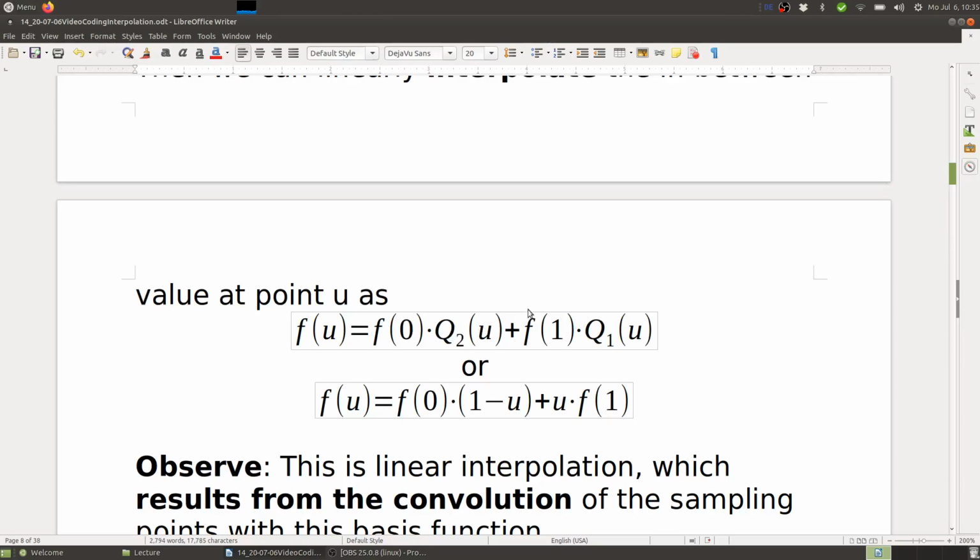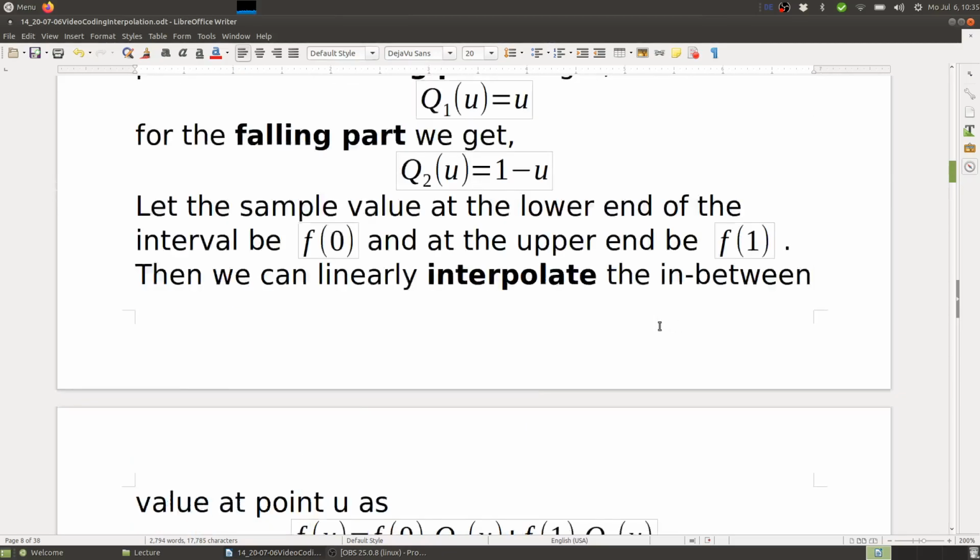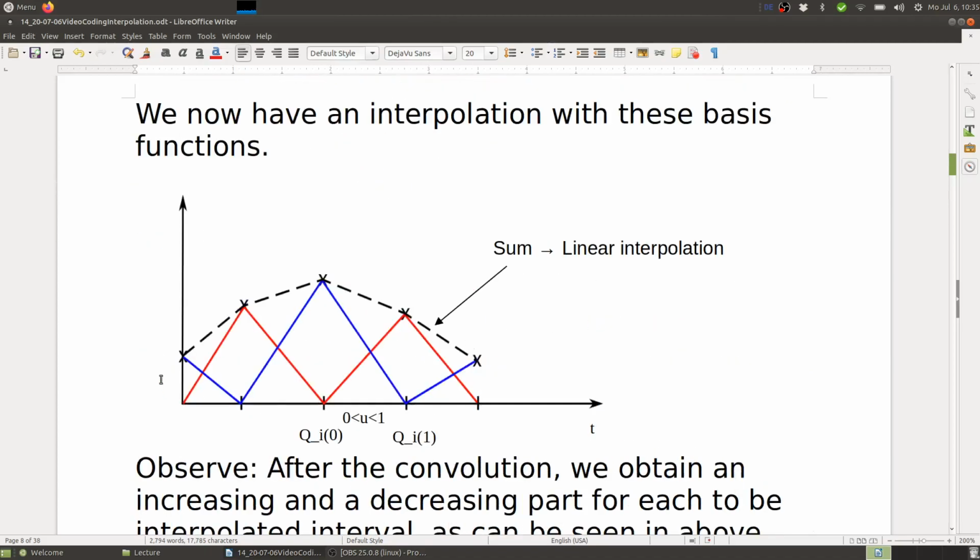And here we have the contribution of the sample at the upper end of the interval. For this upper end, we have the rising part, the q1 of u. So going back here, this is our q1, the rising part is connected to this pixel f1, and then this falling part, this q2, is connected to the pixel f0.